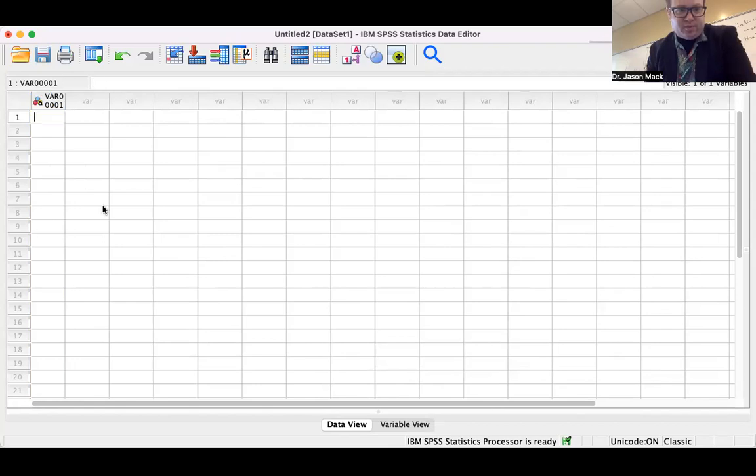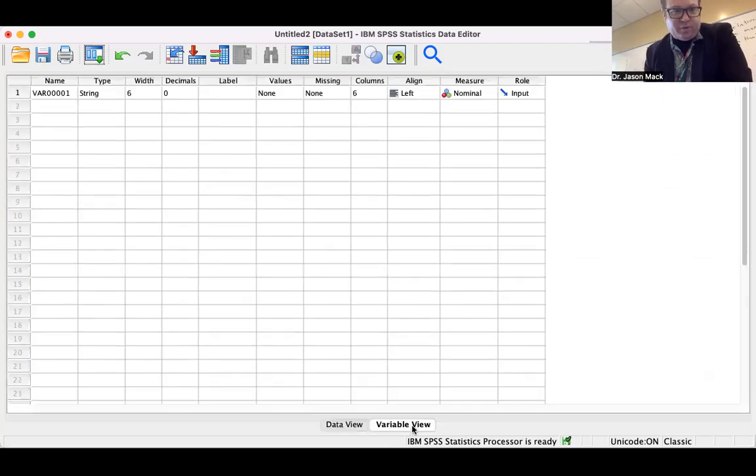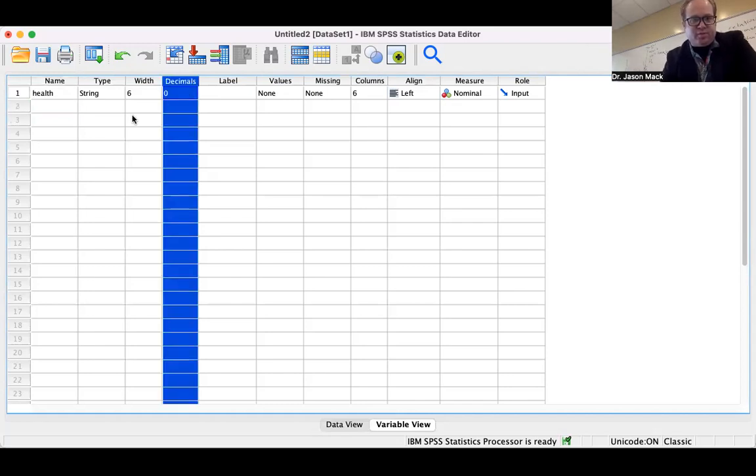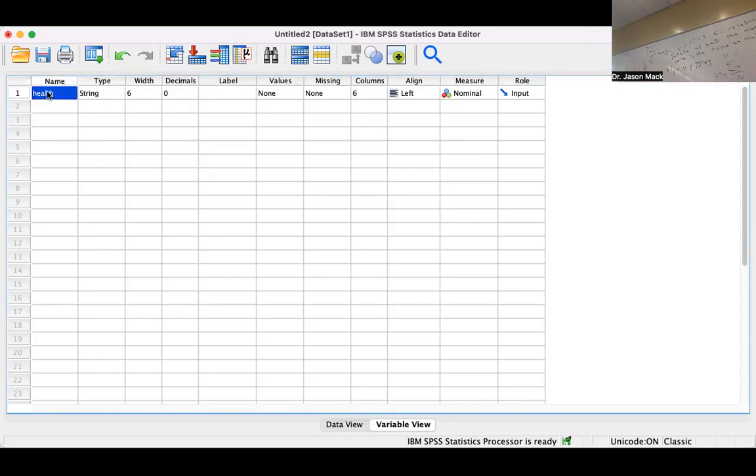We want variable view. It's gonna be HEALTH, health. Then we're gonna make the decimal 0. Decimal 0. The variable view column, perfect health, okay.